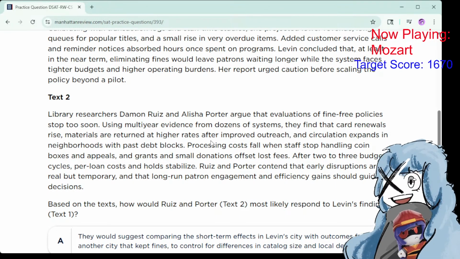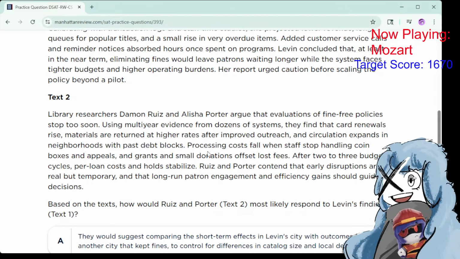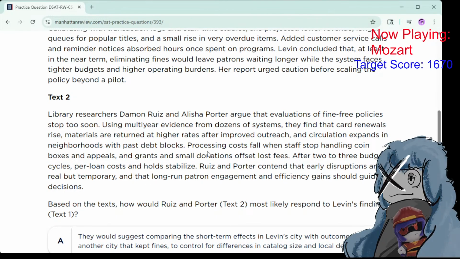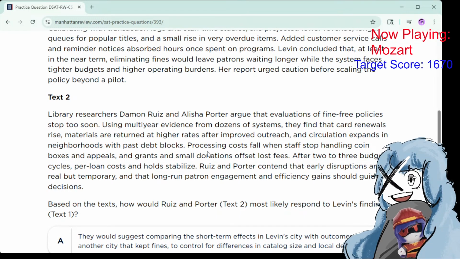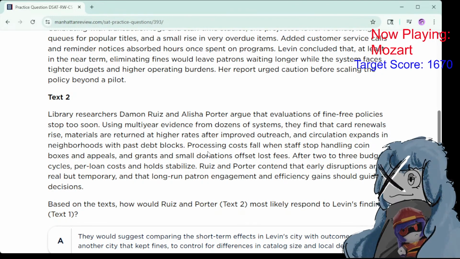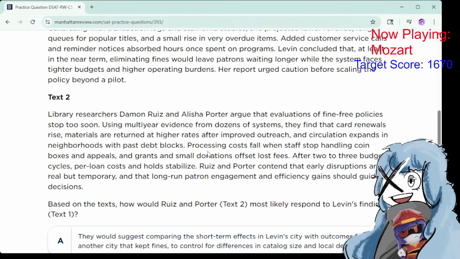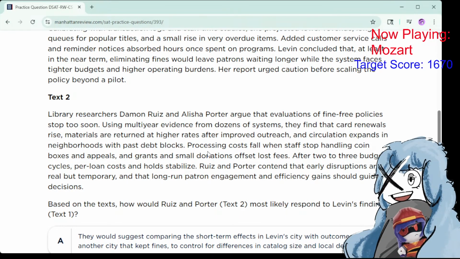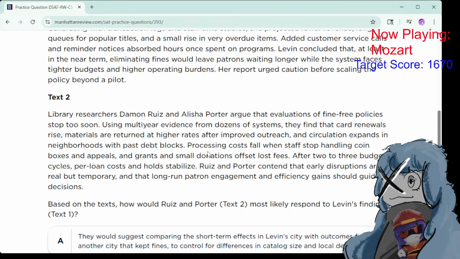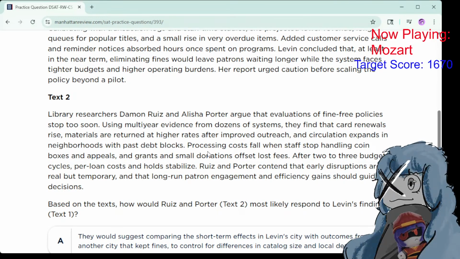Library researchers Damon Ruse and Alicia Porter argue that evaluations of the fine-free policy stopped too soon. Using multi-year evidence from dozens of systems, they find that card renewals rise, materials are returned at higher rates after improved outreach, and circulation expands in neighborhoods with past debt blocks. Processing costs fall when staff stop handling coin boxes and appeals, and grants and small donations offset lost fees.